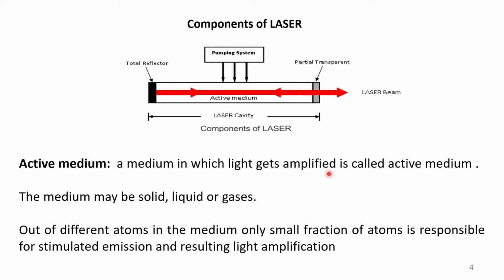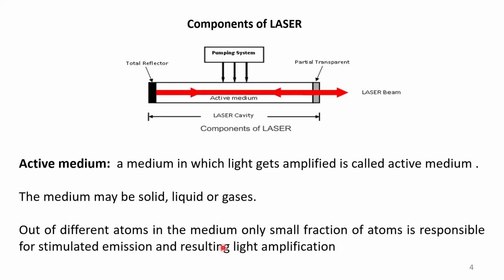The active medium may be in different forms, such as solid, liquid or gases. And according to the active medium, there is also the classification of the different types of lasers. The active medium consists of a huge number of atoms.